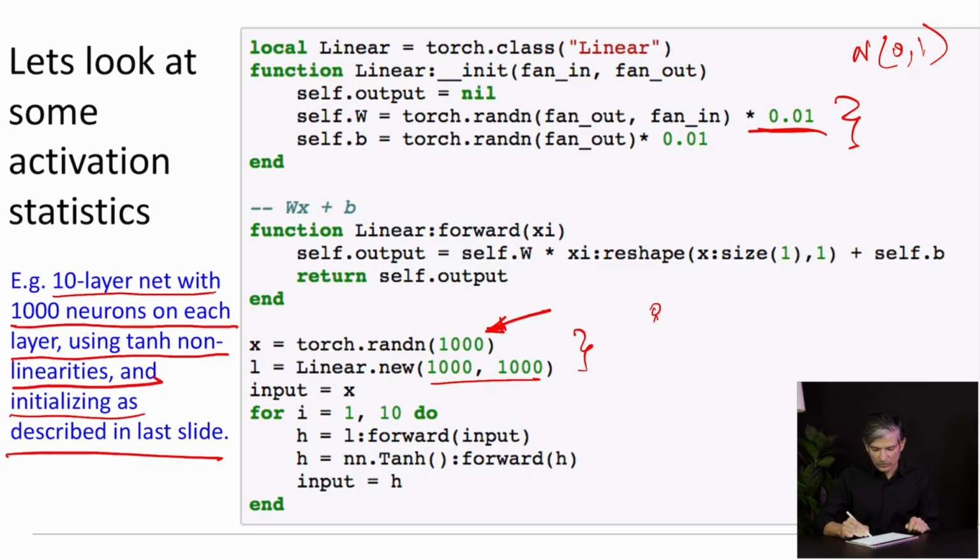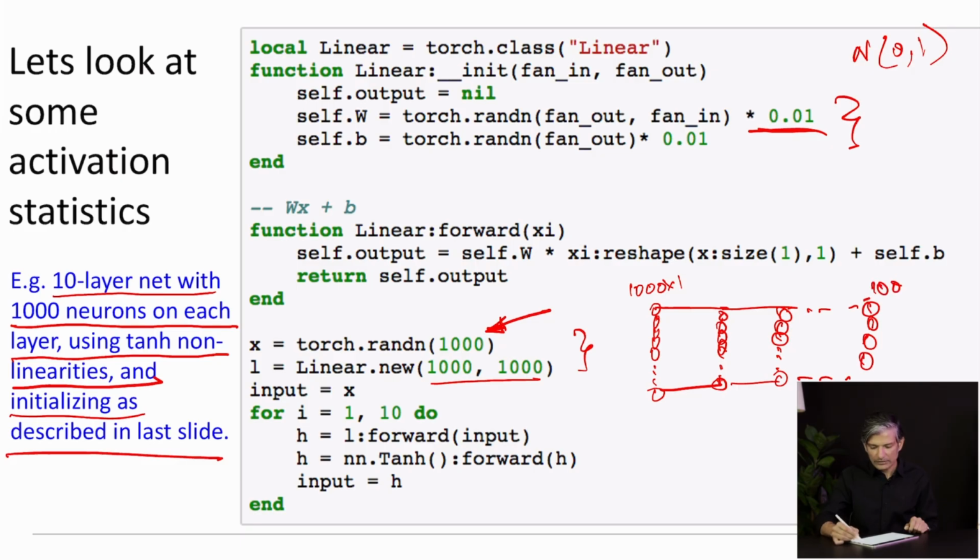So what does our neural network look like? It looks like these 1000 neurons, so it's 1000 cross 1, and then the neural network is essentially like a flat neural network. So you have these many layers, in this case 10 layers, and finally we also have these 1000 neurons as output, and each of them is 1000 cross 1.